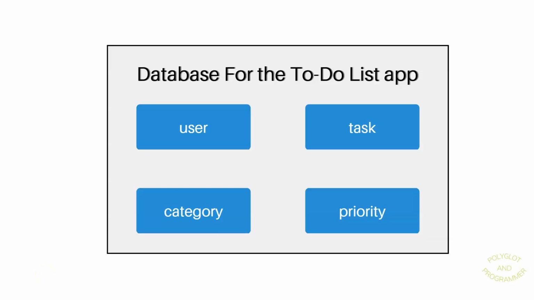A user table where we are going to save all the users of our application, a task table that is going to hold all the tasks, a priority table where we save all the priorities, and the last one for now is going to be a category table that is going to have data related to category.